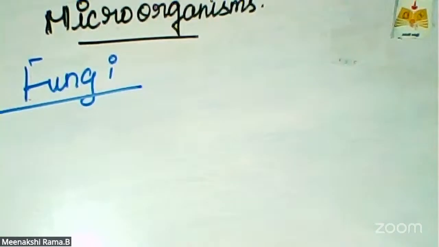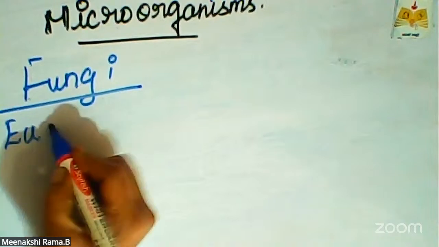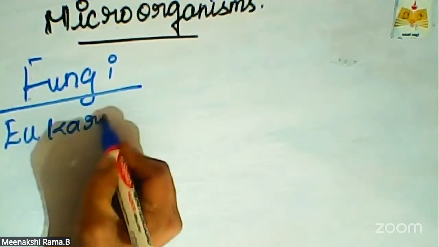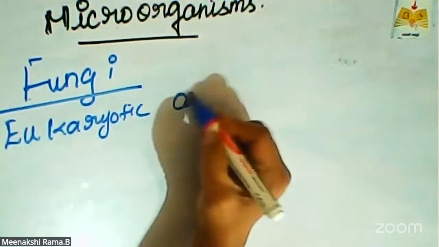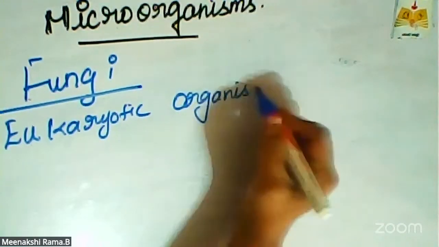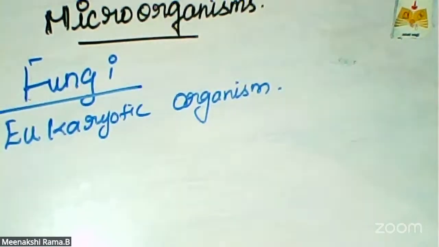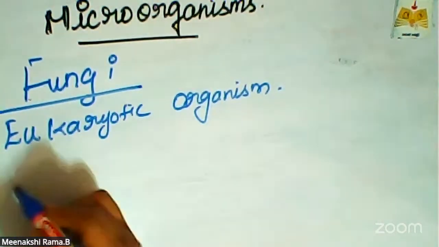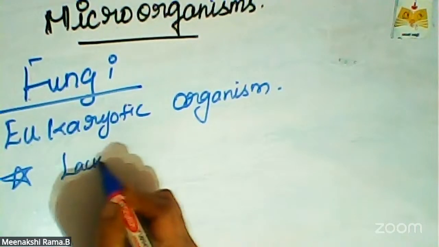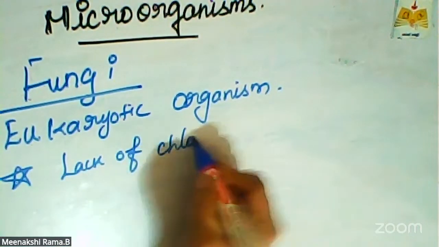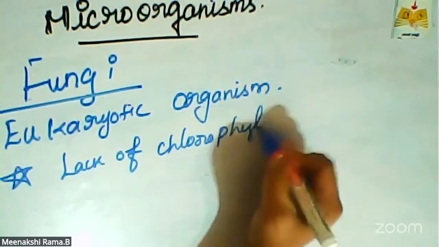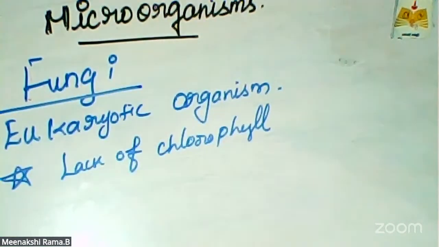This is also one of the groups of eukaryotic organisms. The important point of fungi is that they lack chlorophyll. So there is no color for fungi. So they grow in dark environments only.